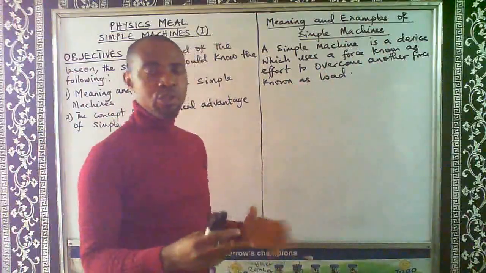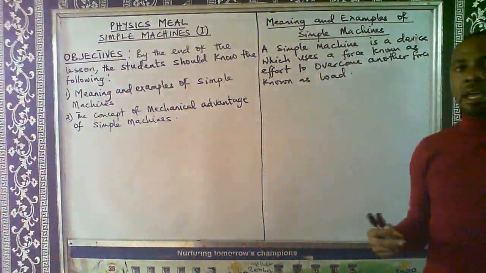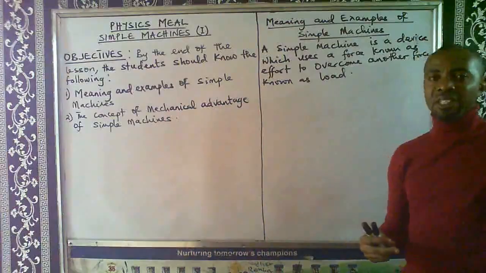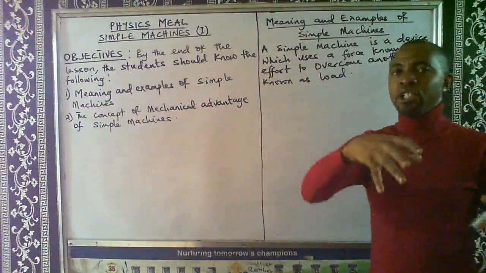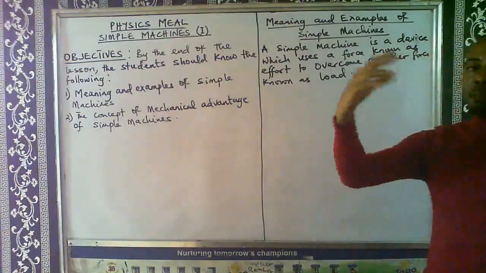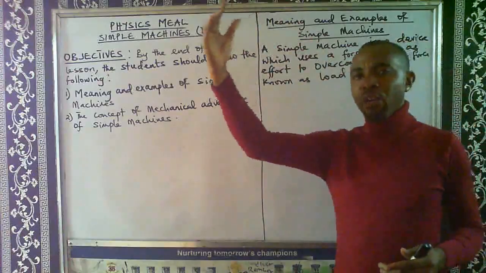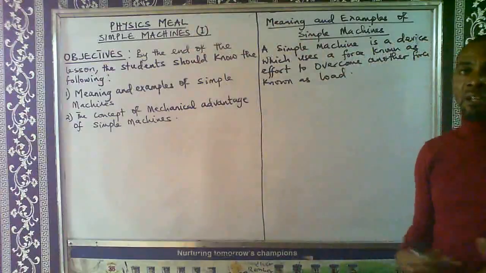load. So what it means is that in every machine, we apply a force known as effort at one point of the machine, and then the application of that force known as effort at one point will help us to overcome another force known as load at another point.